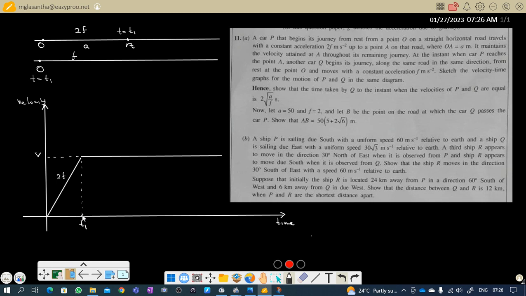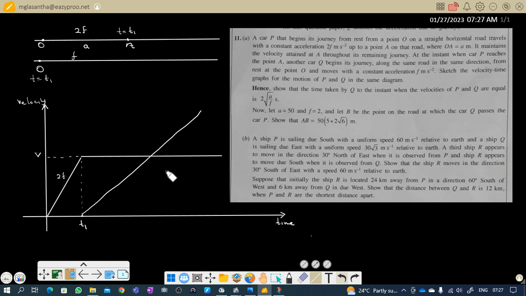Therefore its gradient is less than 2f, so it should be like this. Low acceleration. So at this point the corresponding velocities are equal.